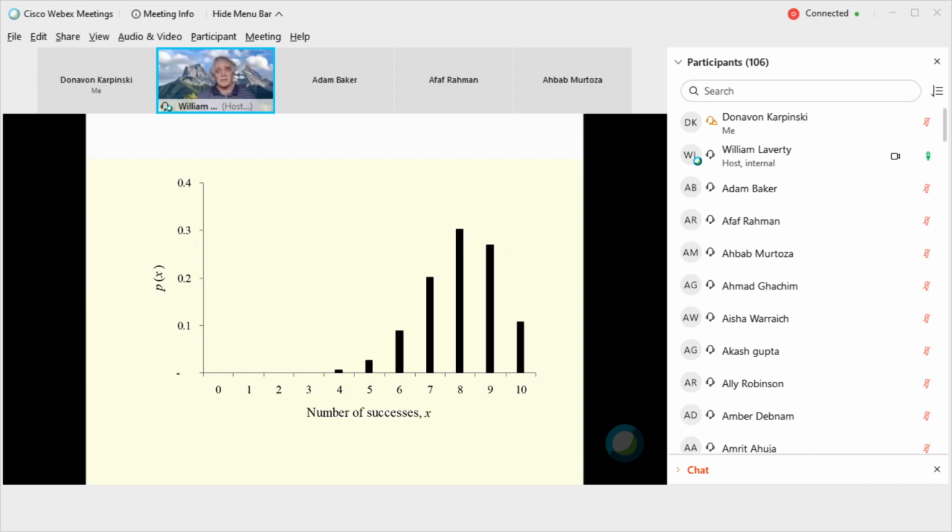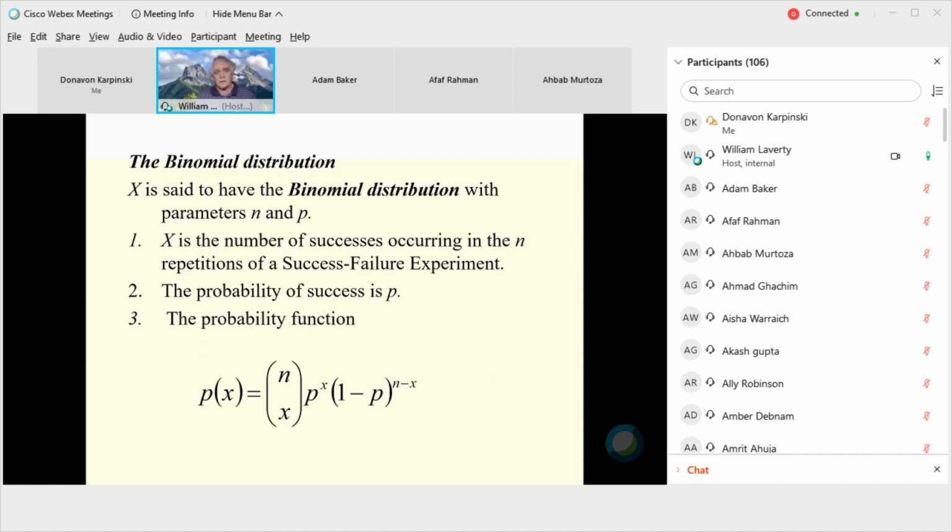There's the probability function of a binomial random variable. I think it has n equal to 10 and p equal to, might be 0.85, or I don't know. There's how you calculate p of x for a binomial random variable. This is how a binomial random variable exists. It's the number of successes in n repetitions of a success-failure experiment.